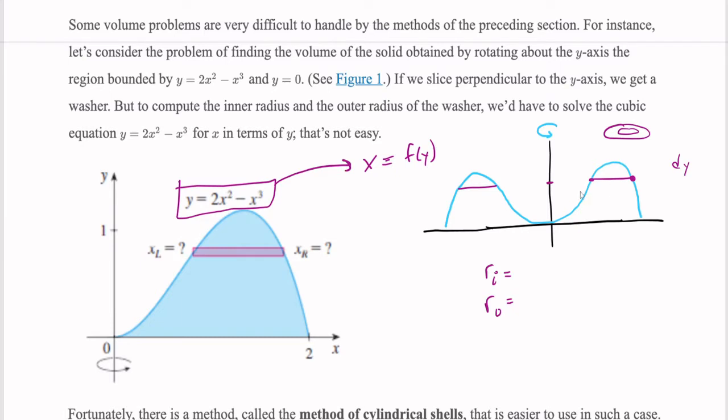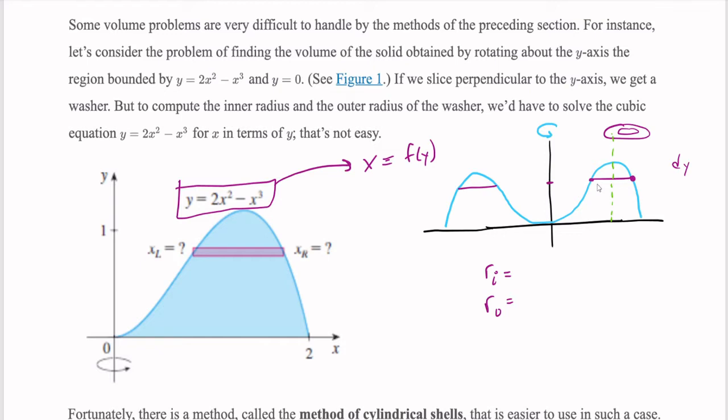So that's not going to work. What you could do is slice this and take it as two different pieces. Then I can define this chunk of blue here, x as some function of y, and then have a separate function here. But that's really starting to get crazy. No good. So we need a new method to deal with this situation.